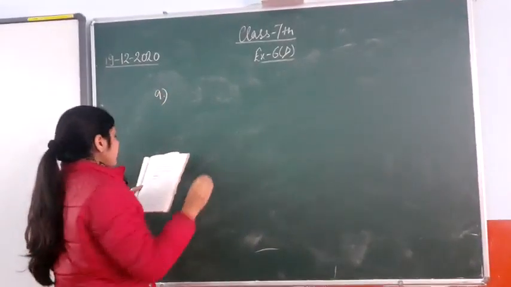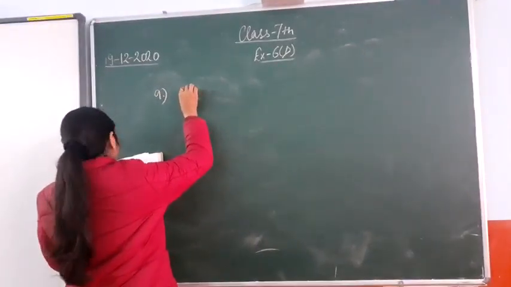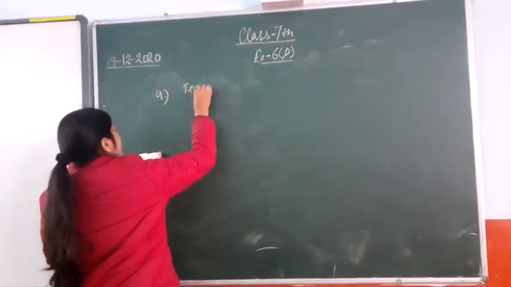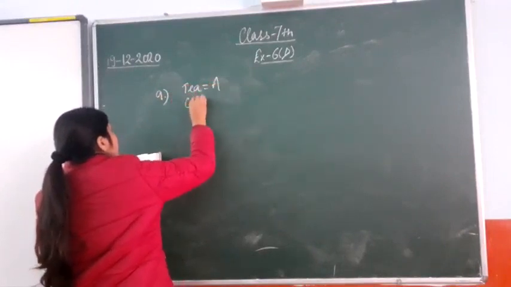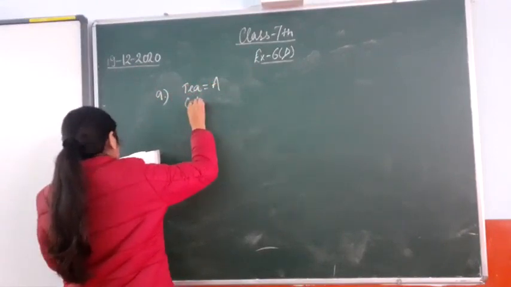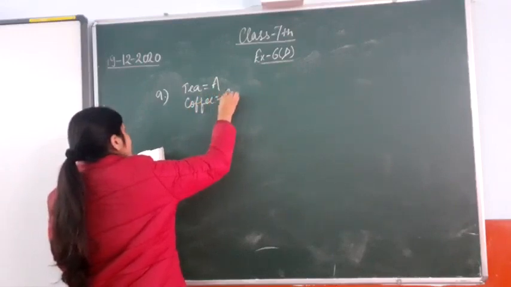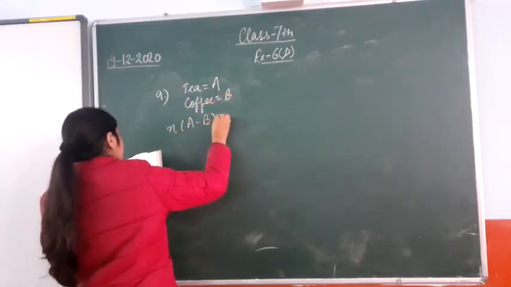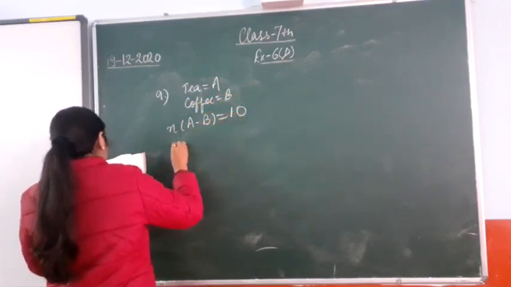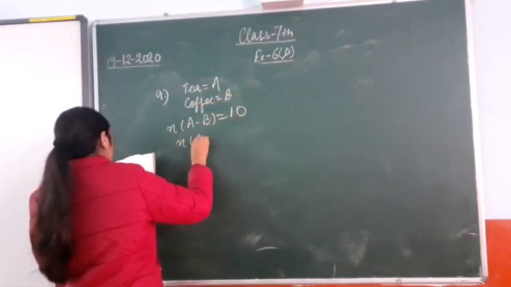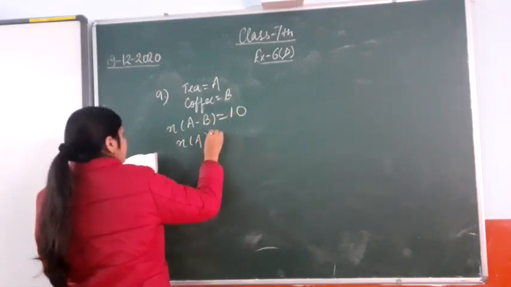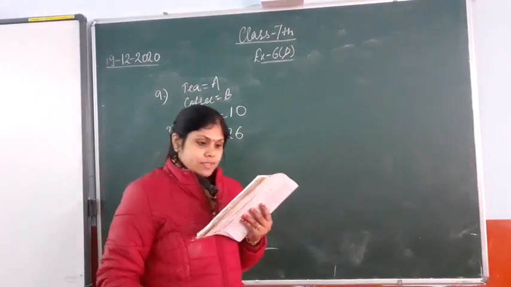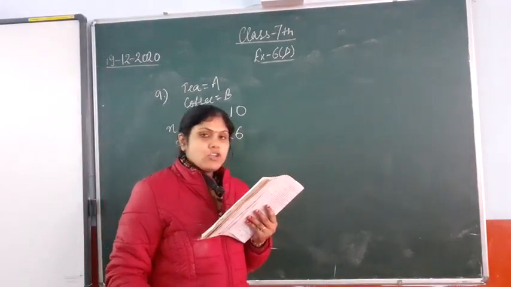Tea is equal to A. Coffee is equal to B. So n(A minus B) is given as 10 and n(A) is given as 26 because the tea drinkers are 26. How many drink coffee but not tea?